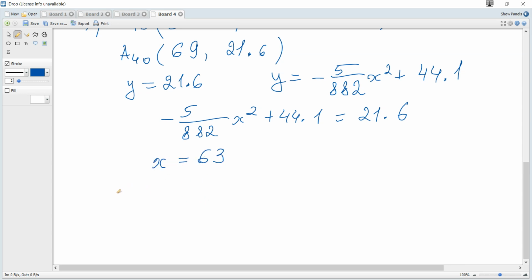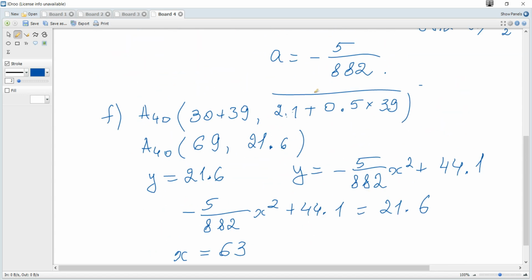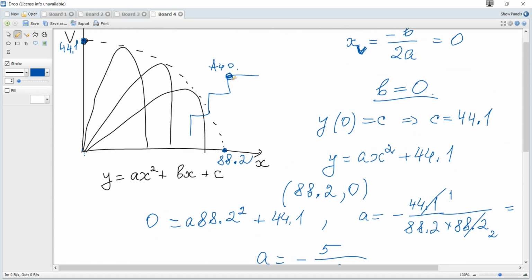And since 63 is less than 69, it means what? It means that the coordinates of A40 are not on the curve.